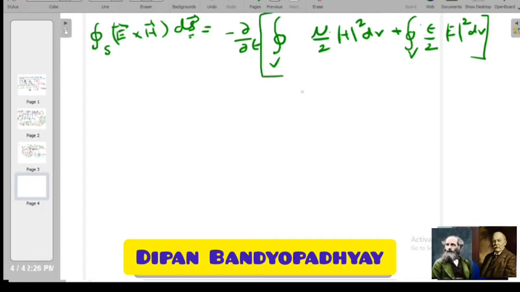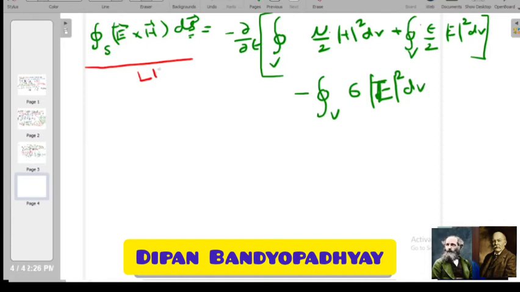Minus the j term, that means sigma e, along with the e, sigma e square dv. This is the left hand side and this is the right hand side. This is what we have.